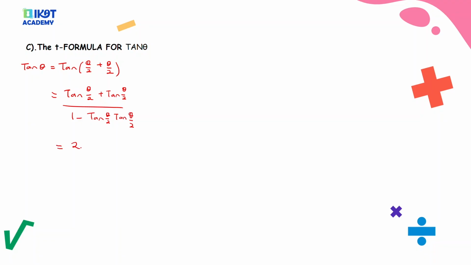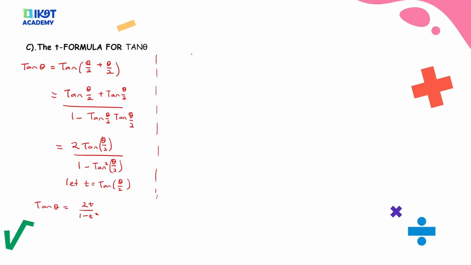So this is equal to 2 tan theta out of 2 out of 1 minus tan squared theta out of 2. So we let t be equal to tan theta out of 2. So eventually we say tan theta is equal to 2t out of 1 minus t squared.